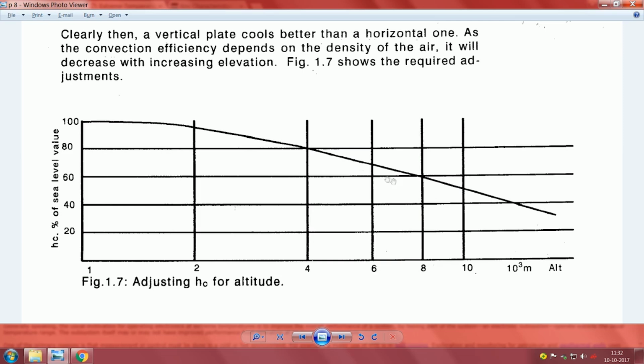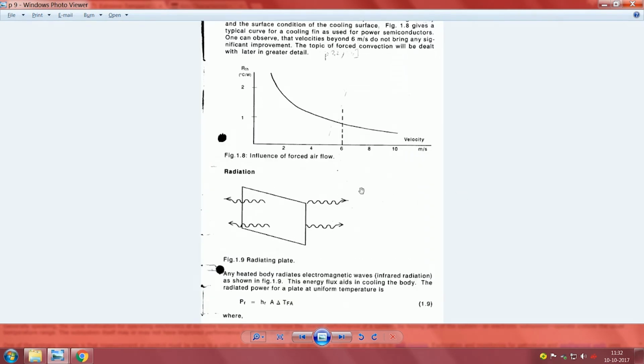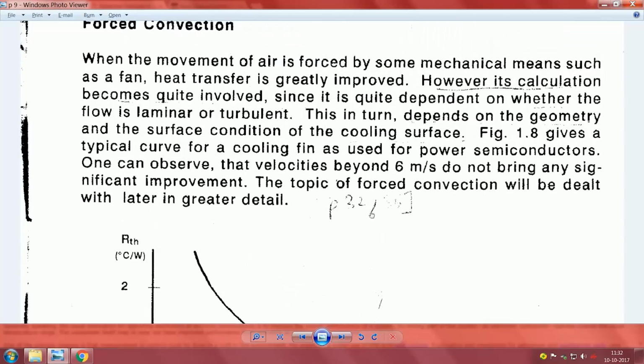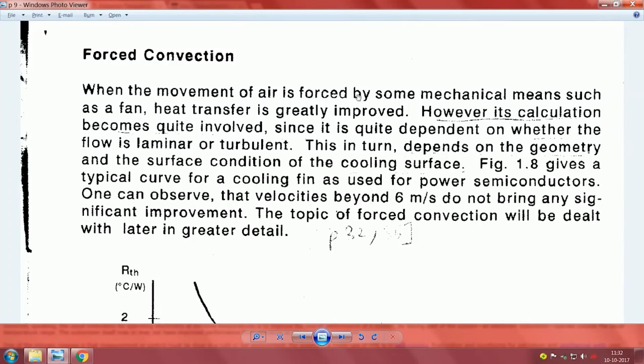Further, if you go up to 10 kilometers, natural air cooling does not occur. It is unlikely that we ever use things at this large altitude meant for normal natural air convection.